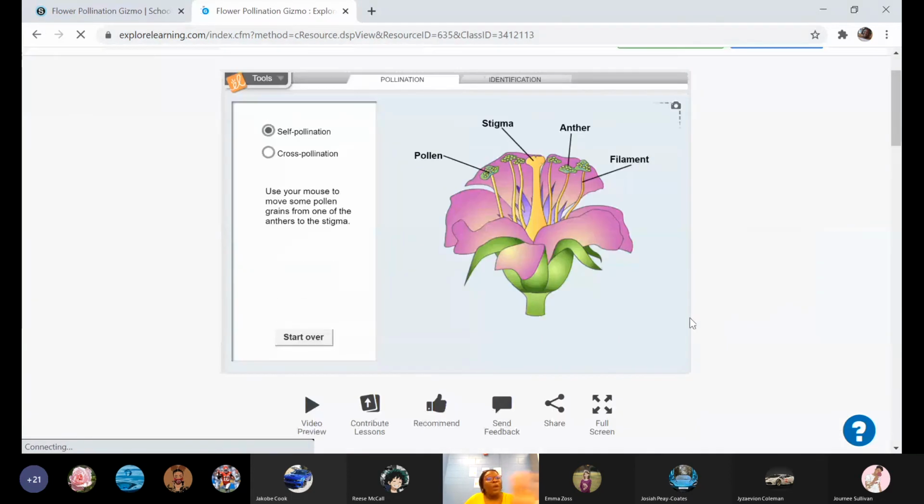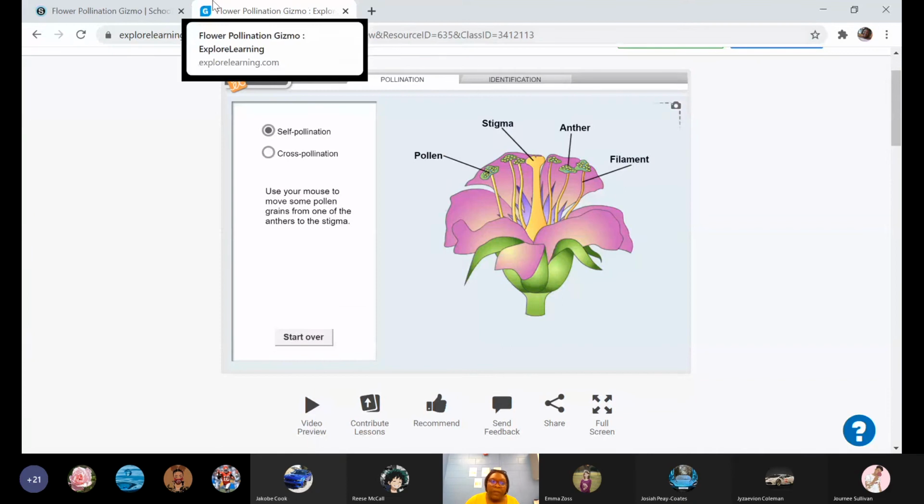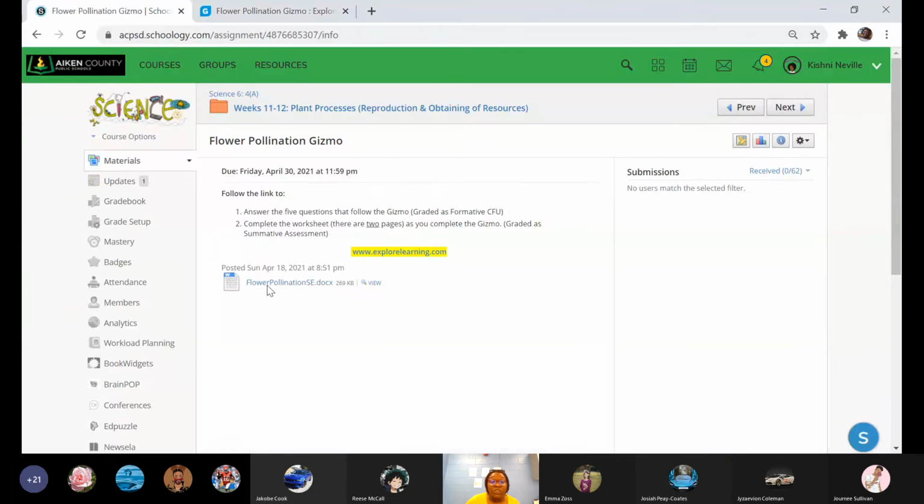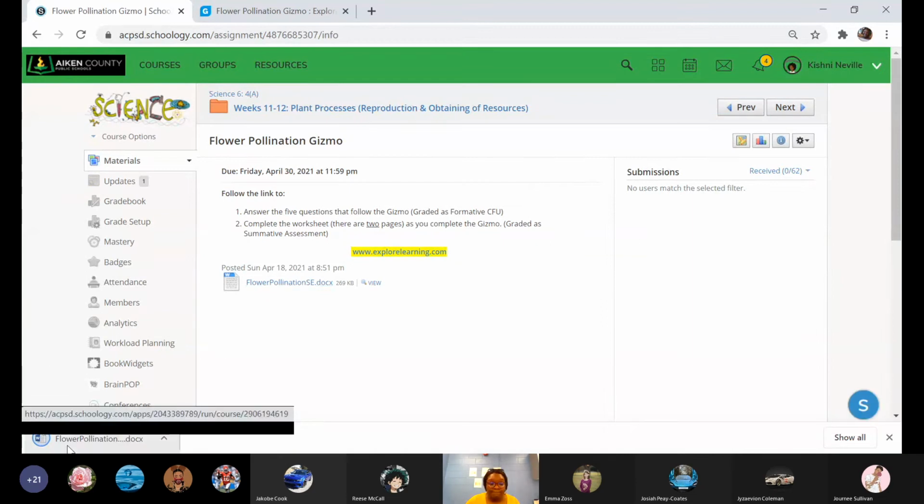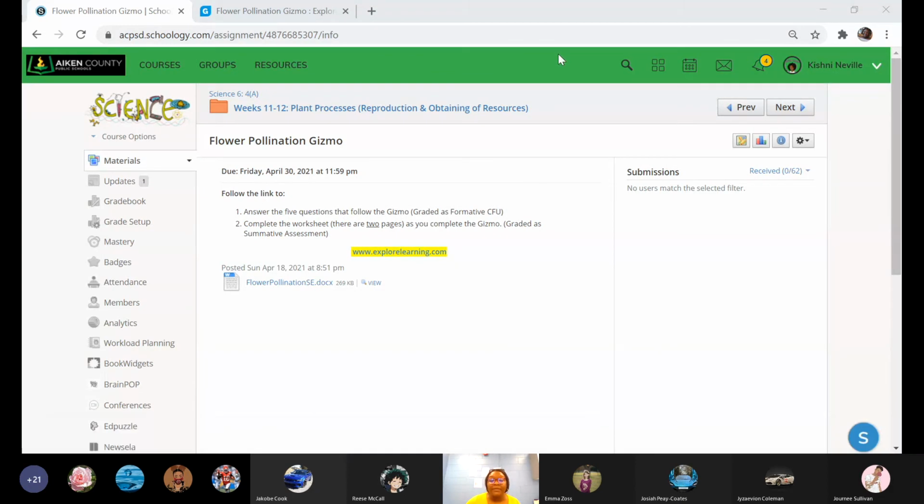And when we launch it, you want to have it open in a tab. Your next tab is your Schoology tab, and you're going to download this worksheet. This worksheet you're going to complete, okay? Make sure you enable editing.